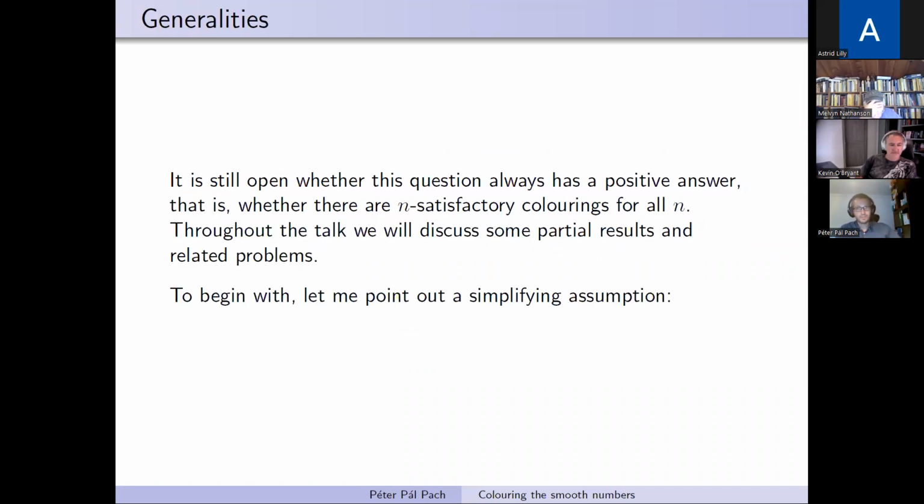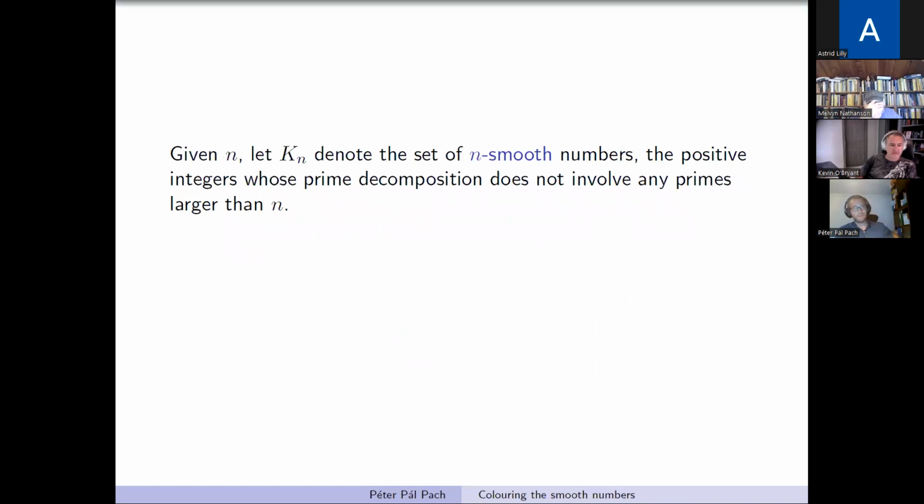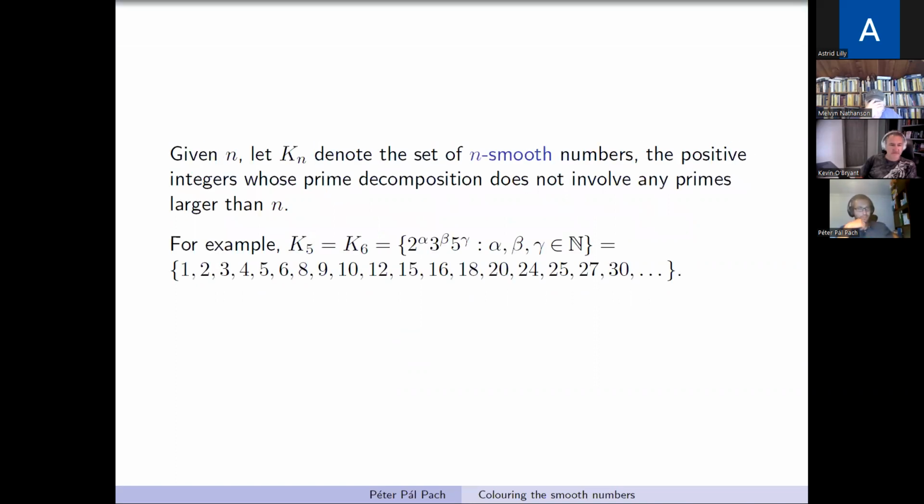First of all, with this graph formulation, we can concentrate on the connected components of this graph. And it is not difficult to see that all these connected components are isomorphic to each other. And one of them is the one which is spanned by the n-smooth numbers.